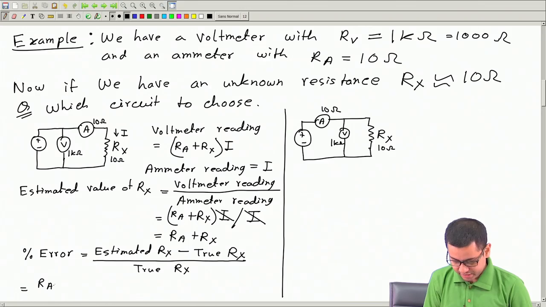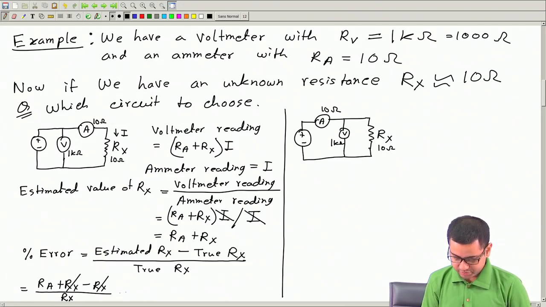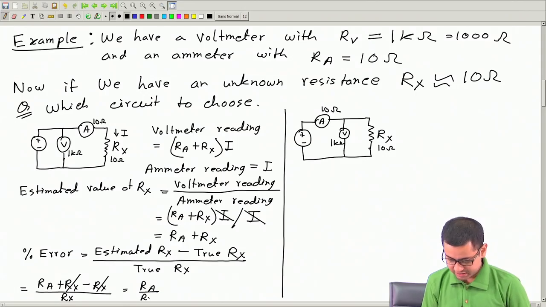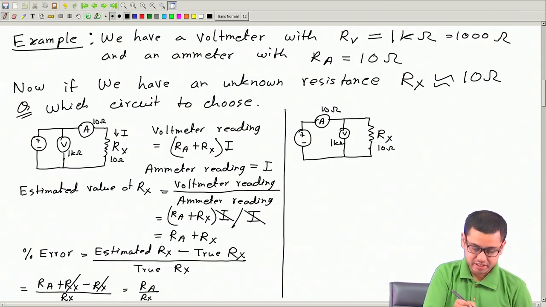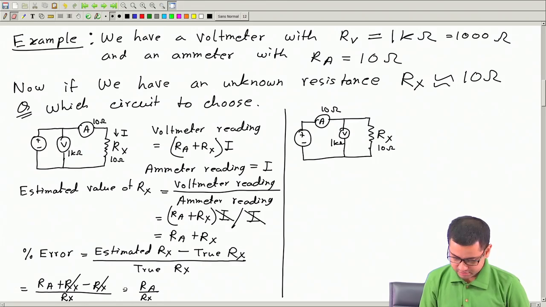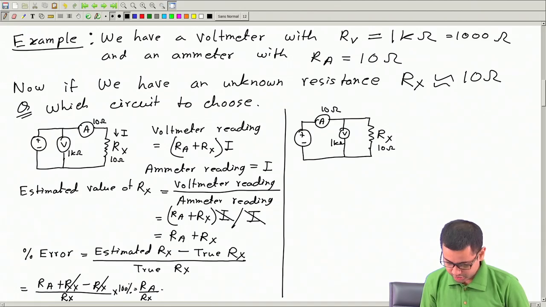So Ra plus Rx minus true Rx, which is Rx, whole divided by true Rx, which is Rx. So this Rx cancels, this becomes Ra by Rx, multiplied by 100%.